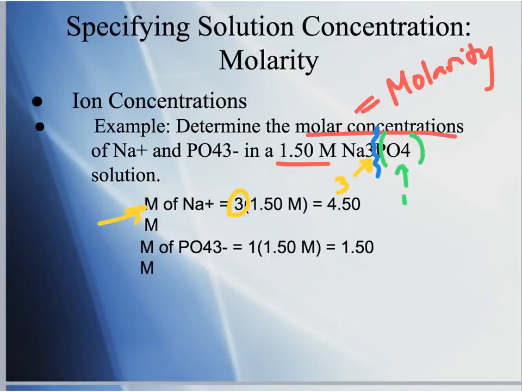Now, the phosphate ion, there's only 1 of those in that compound. And so because there's only 1, we're going to do 1 times the molarity, 1.5. So the molarity of the phosphate ion is 1.5 molarity.